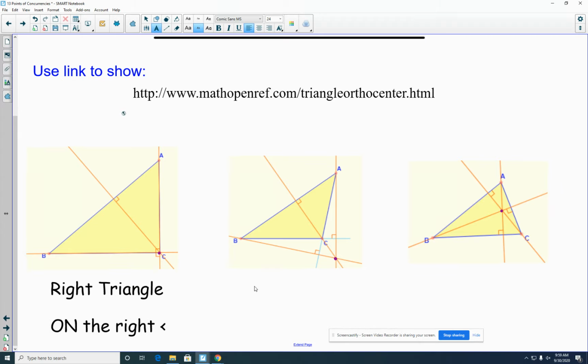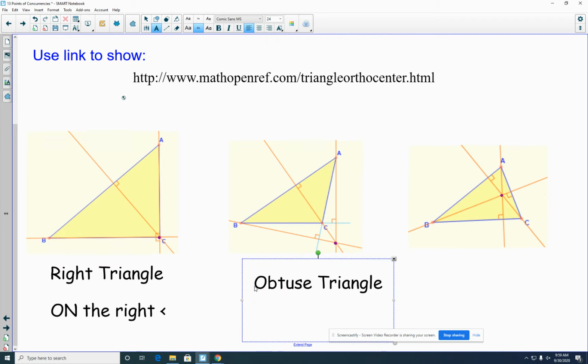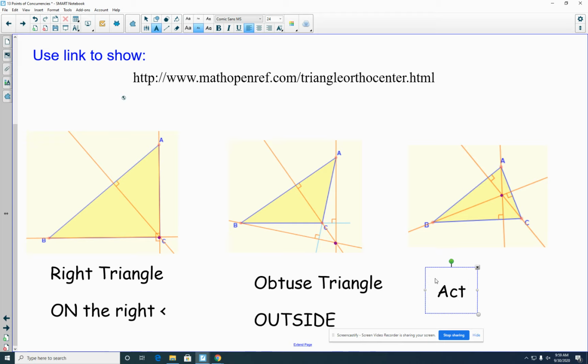When you have an obtuse triangle, point of concurrency is outside the triangle. And when you have an acute triangle, the point of concurrency is inside.